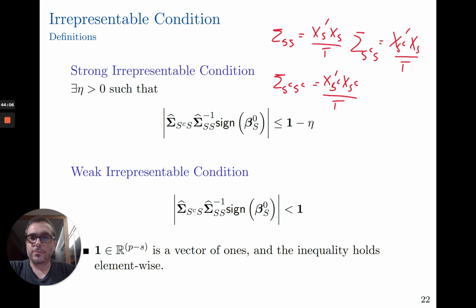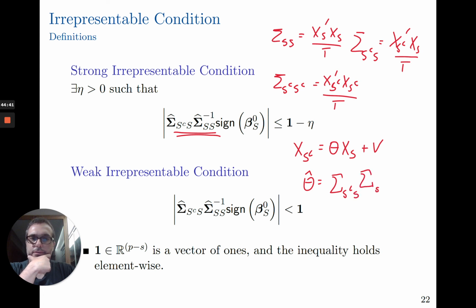Okay, so what does this mean? This is equivalent to this: if we take the irrelevant regressors and write them as a regression on the relevant regressors plus an error term, okay, what's delta hat? Delta hat is exactly this term here.